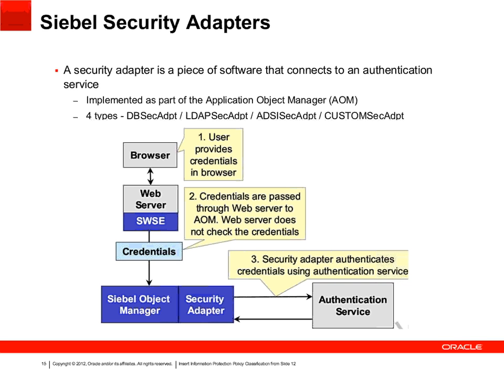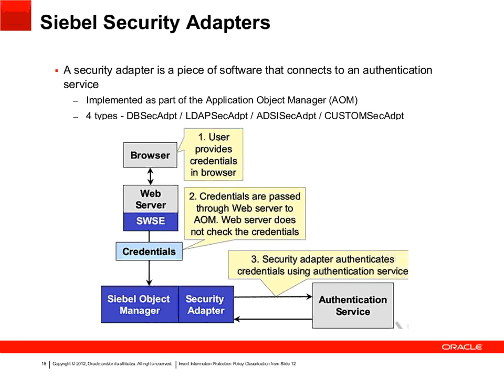So, as discussed before, security adapter is a piece of program which will be responsible for authenticating a user. Object manager will be primarily responsible for contacting a security adapter. As discussed, security adapters are maintained in the form of profile subsystem inside Siebel. So let's go over the diagram.